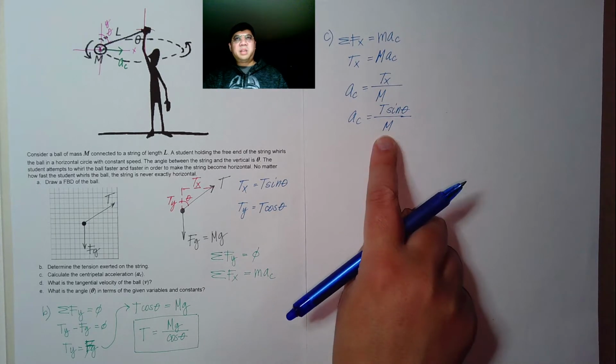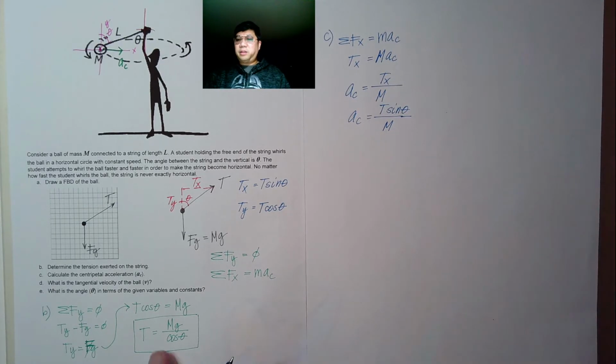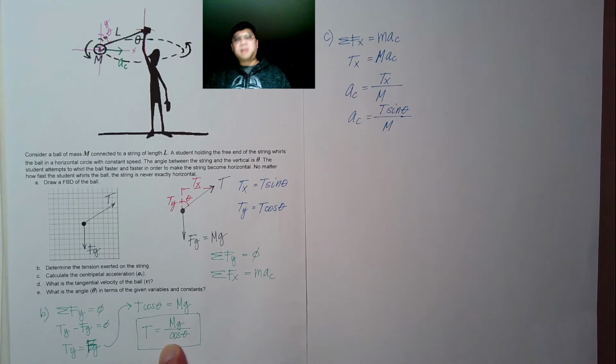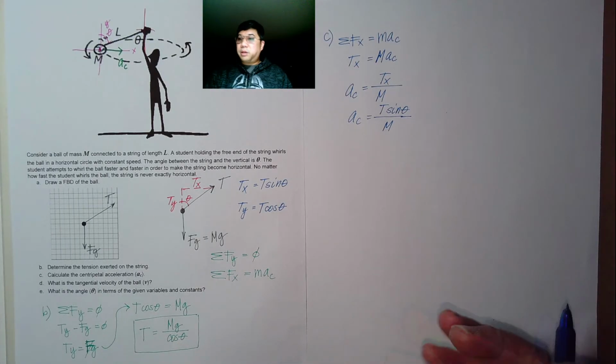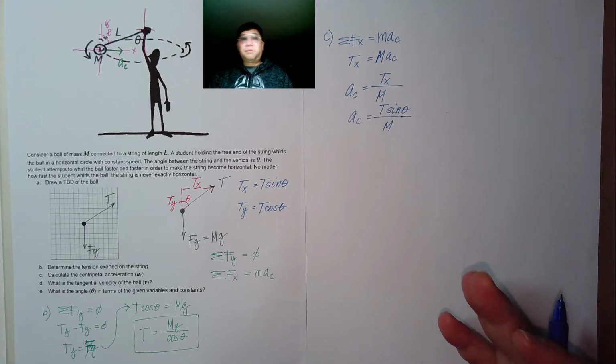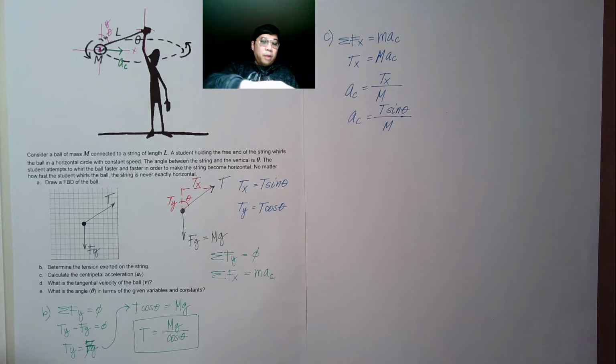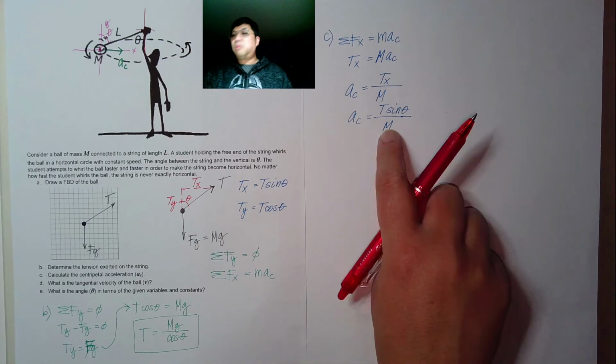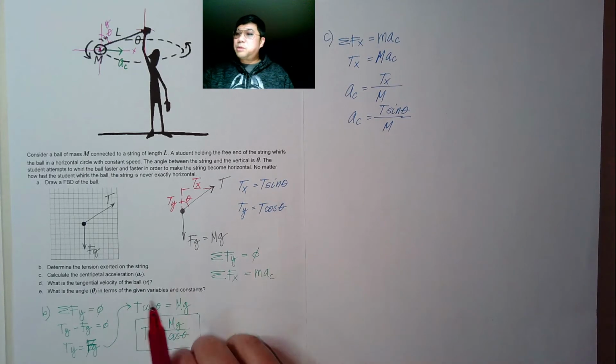But some might say we can still simplify it if we plug in this value, so we can cancel our m's or any other values. We can proceed with that, and just for the sake of showing how it will look, why don't we try it?